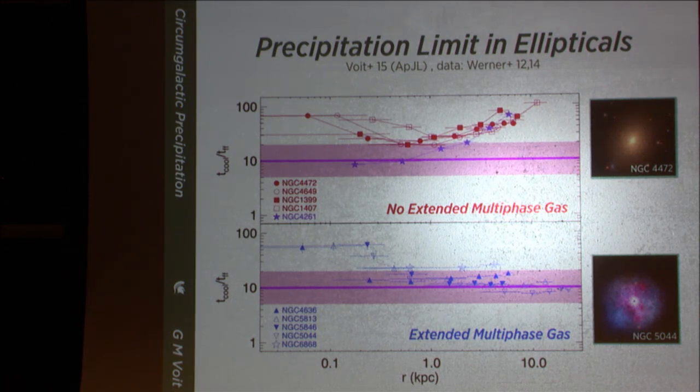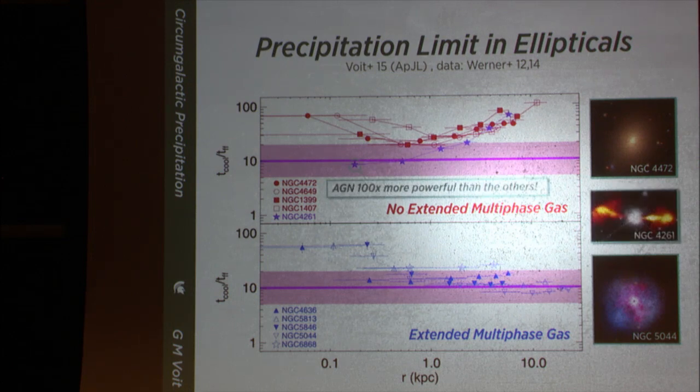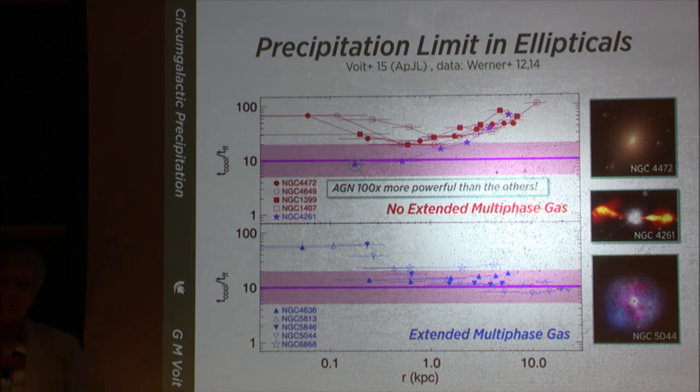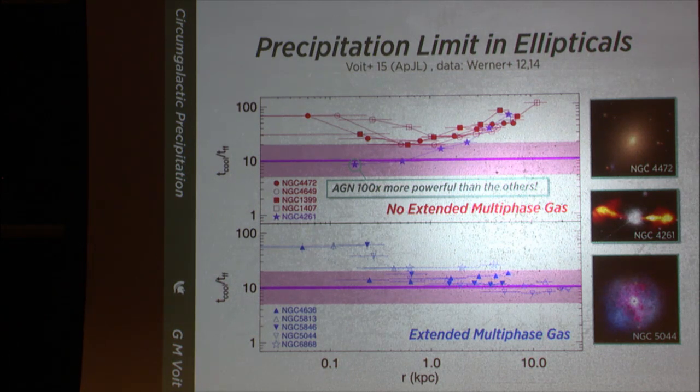Curiously, there's one of these things that has a lower ratio inside a kiloparsec, and people who know their way around nearby elliptical galaxies, this is NGC 4261, and all of them have active galactic nuclei, but the power coming out of this one is 100 times more than the others, and it has a dusty disk right down within about 100 parsecs.